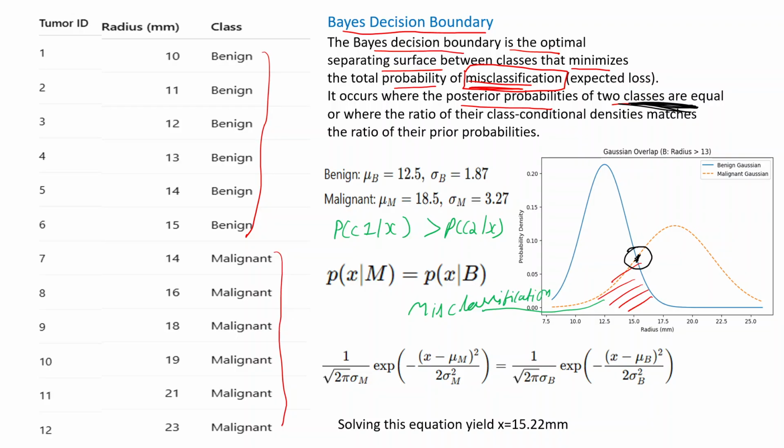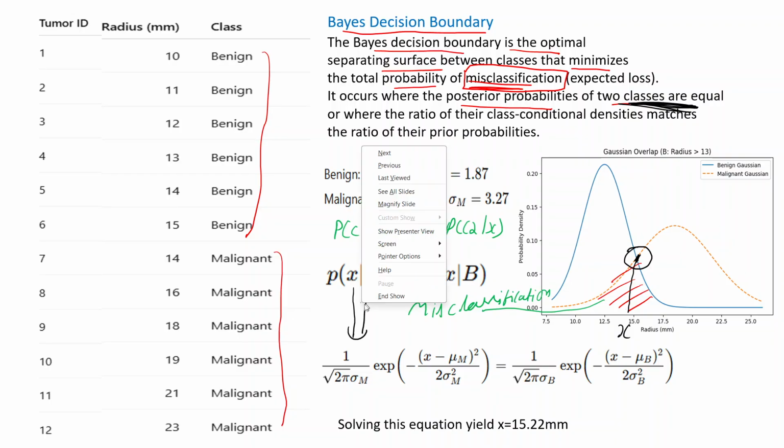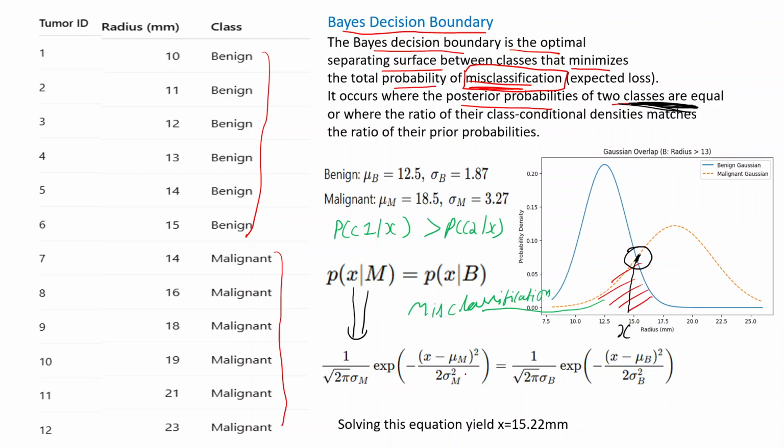It can be anything arbitrary actually. Therefore, we want to know what this value is for the X-ray, that is, the X feature value. When we want to know that, we can equate the probability density function for both the classes, that is, for the benign case and the malignant case.